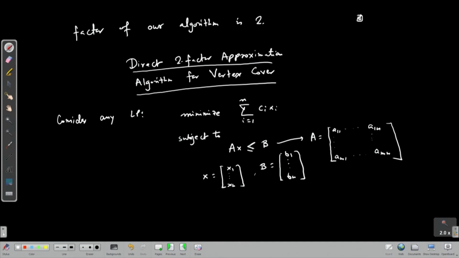And of course we have the constraints that x is greater than or equal to 0.